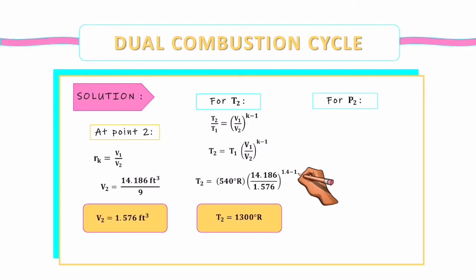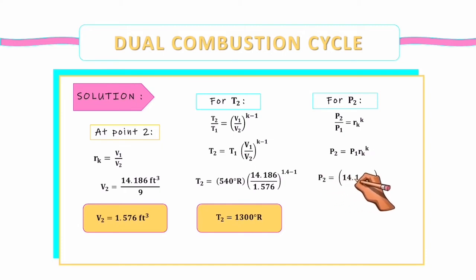But for now, let's try to use P2 over P1 equals Rk raised to K. So, P2 is equal to P1 Rk raised to K. Substituting the values, P2 is equal to 14.1 pounds per square inch multiplied by 9 raised to 1.4. So the pressure at point 2 is equal to 305.6 psi absolute.